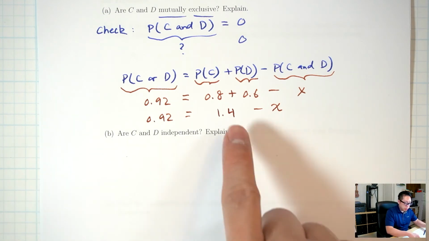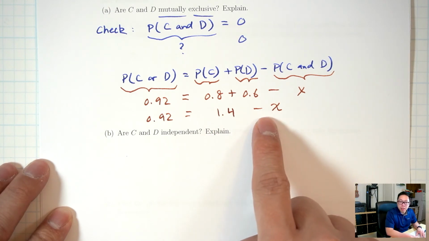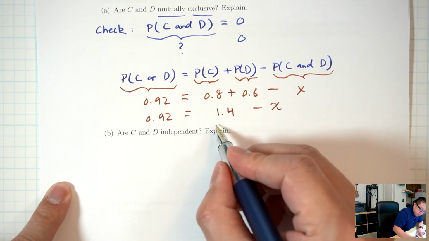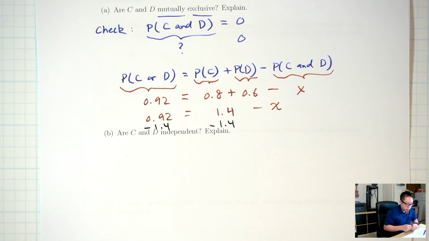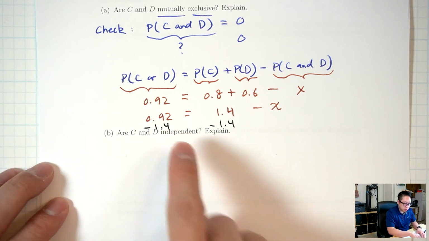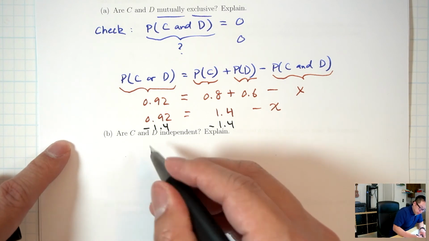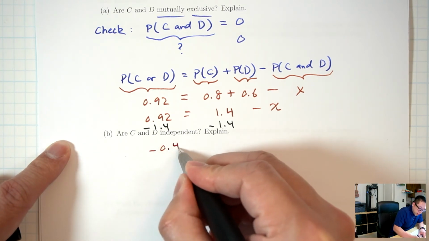And then I want to get the X by itself. So to get rid of this 1.4, currently it's basically being added to this minus X. So I need to subtract both sides. Left side 0.92 minus 1.4 is negative 0.48.